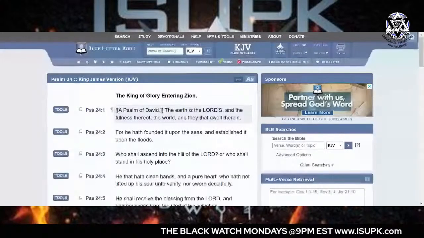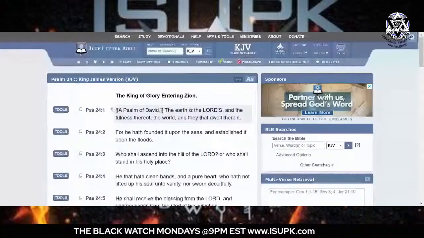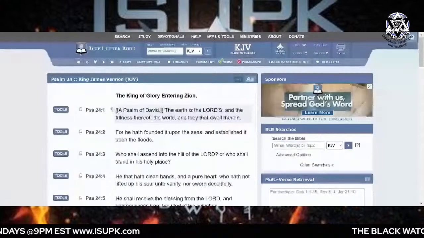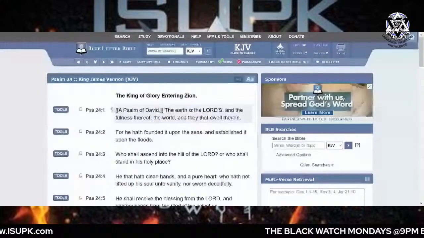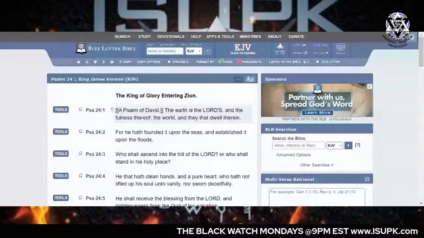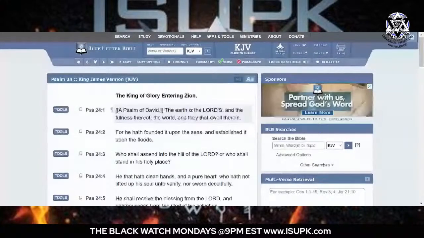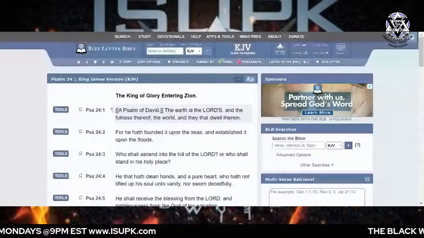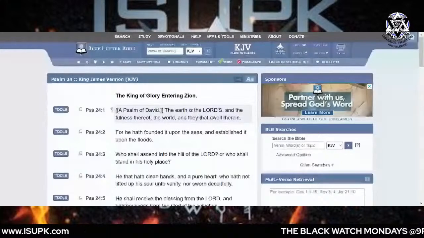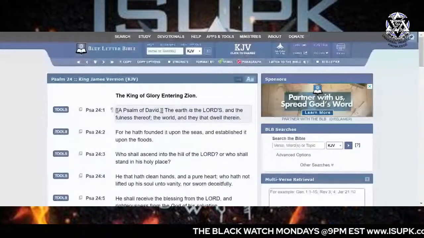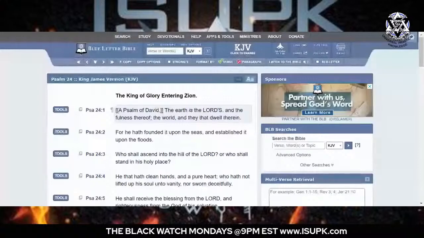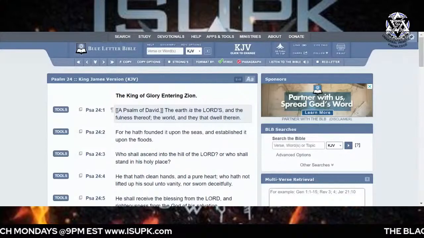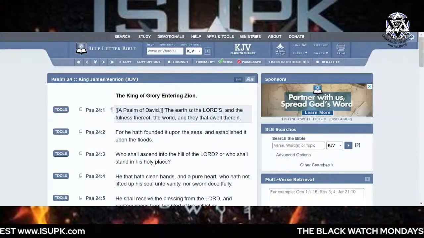So just think about that for a second. The earth is the Lord's, so everything that the Lord has created is His, and the fullness thereof. So the things that are in the earth. That's why I use that example. The fullness thereof: the animals, the people, nature, the bugs, so on and so forth. The world and they that dwell therein. So the things that are in the earth and the earth itself, the Lord, that's His.